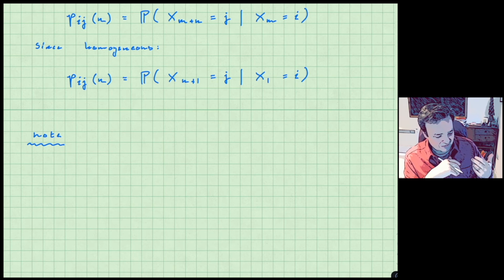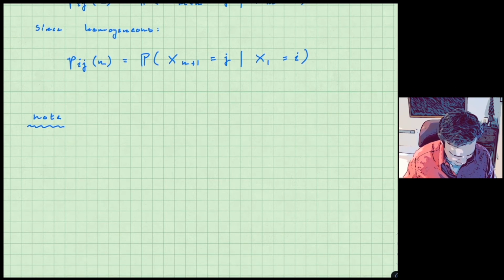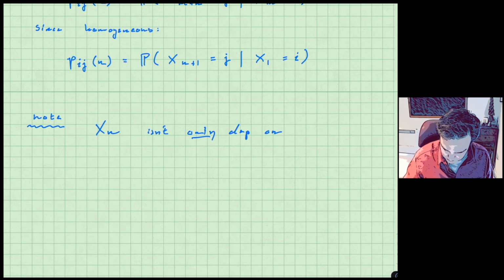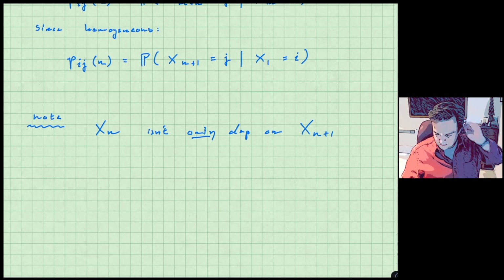What we really are saying is, let me write this out. State xn isn't only dependent on state n minus 1, or on chain element n plus 1, or minus 1.